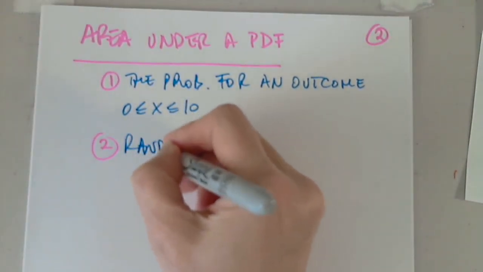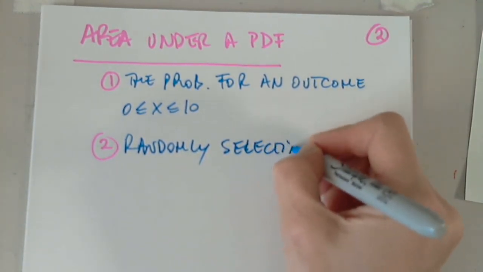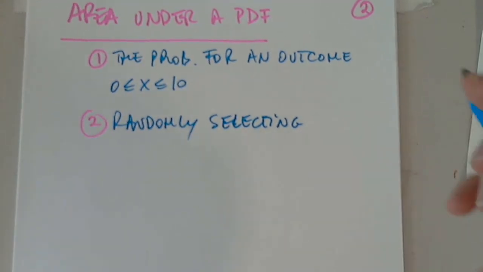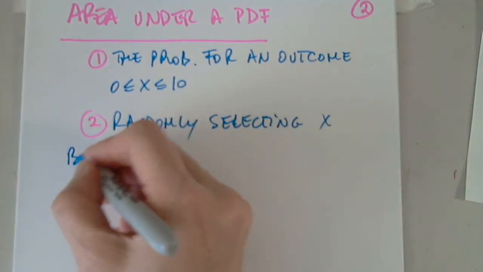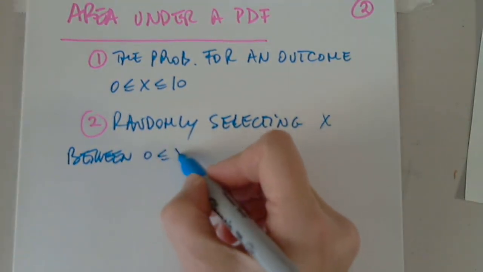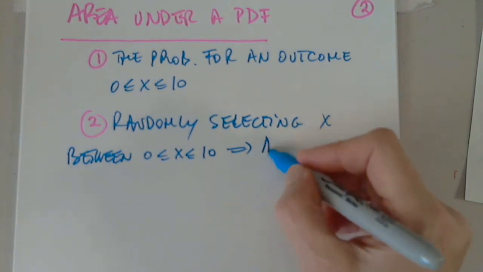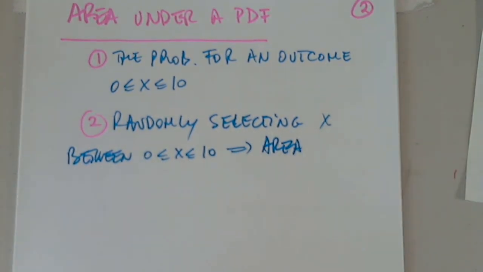Randomly selecting x between 0 and 10, the result is the same. It's the area under the graph. So we have two ways of explaining the same thing.